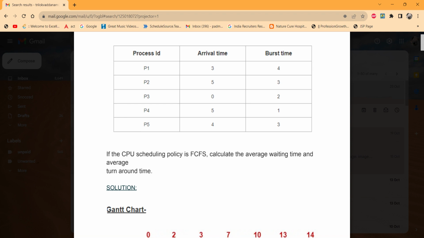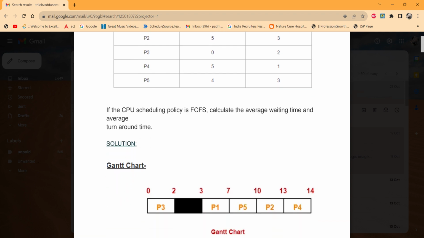That is why each and every process is given a process ID, so that when a particular CPU scheduling policy is implemented on all the processes, when there is a conflict between two processes with the same arrival time, process ID comes into play. The process which has the least process ID will be given the chance with the CPU, my dear friends.